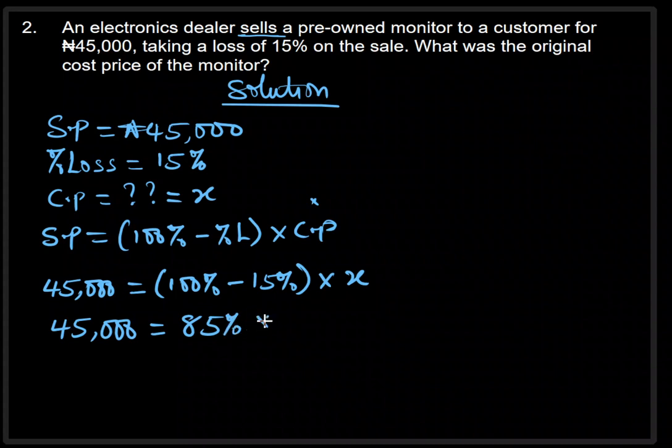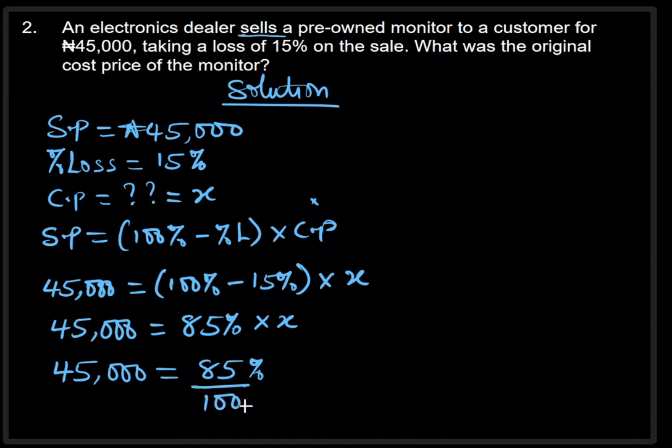85% times X. So that will give us 45,000 naira is equal to 85% all over 100 times X, all over 1. I think we can reduce this. 5 can go into 85, that would be 17.